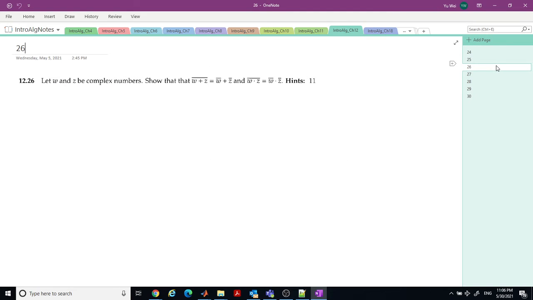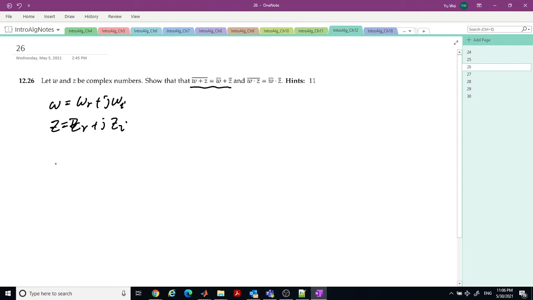Okay, so let w, z be complex numbers. We want to prove this, right? Okay, so let w be equal to wr plus j of wi, and z equal to zr plus j of zi.